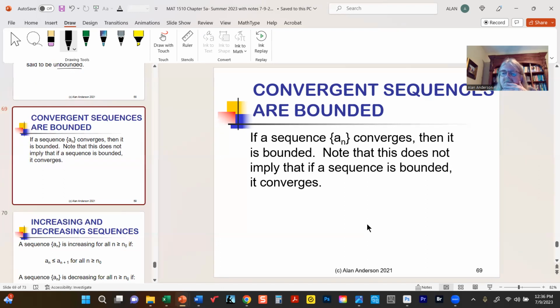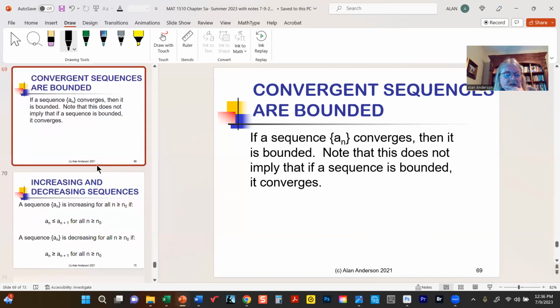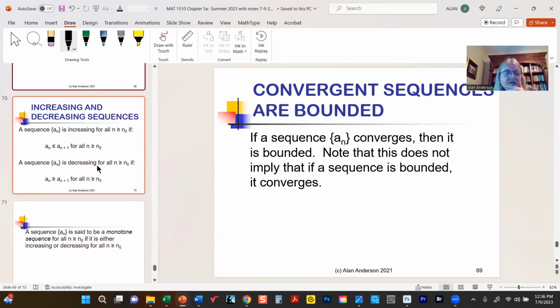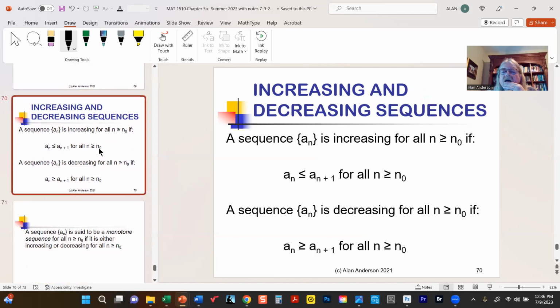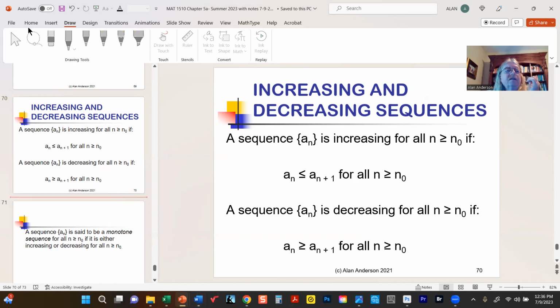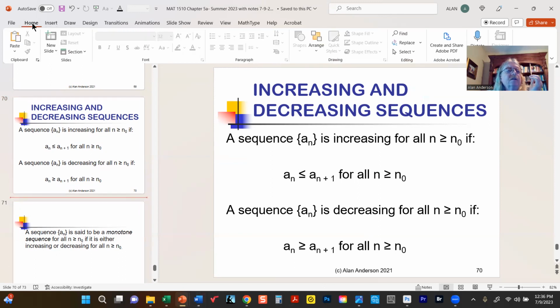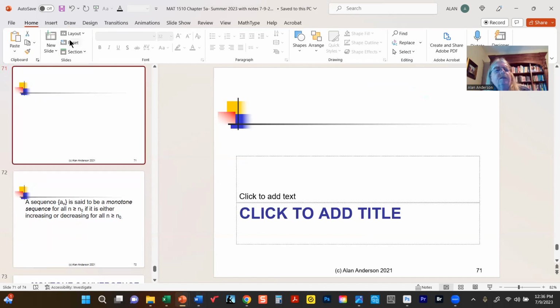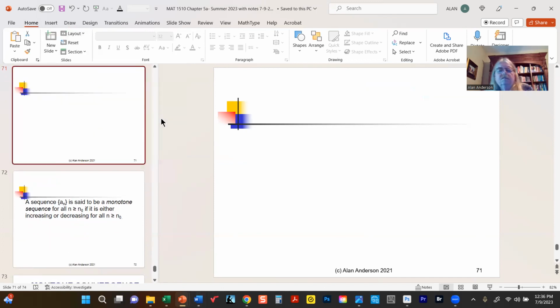Okay. Anyway, we're very close to the end here. Let's just wrap this up. A sequence can have a lot of patterns to it. You can have anything you could imagine.